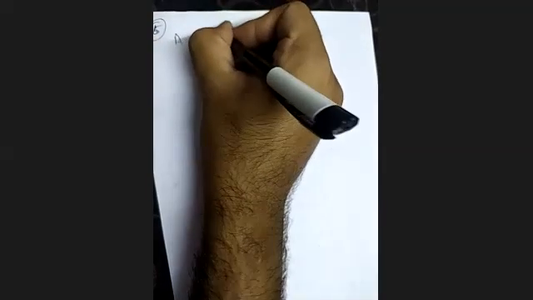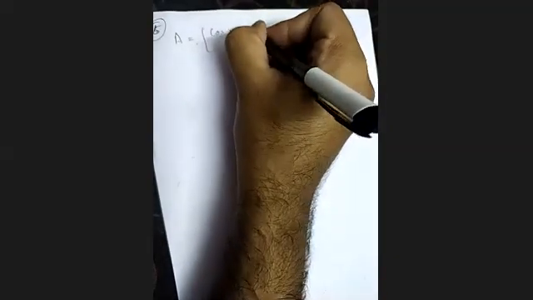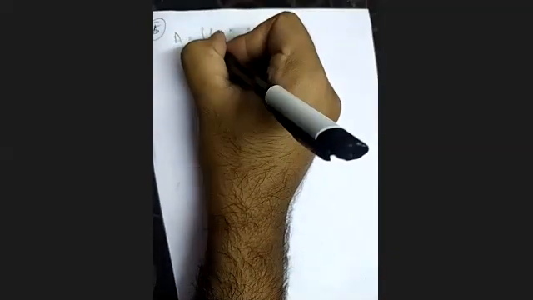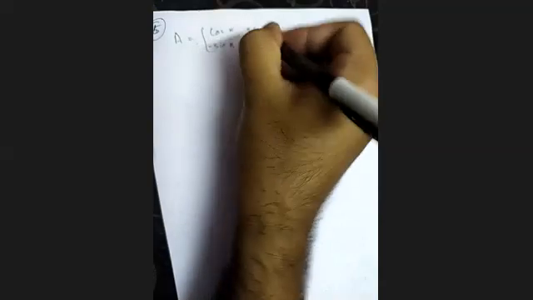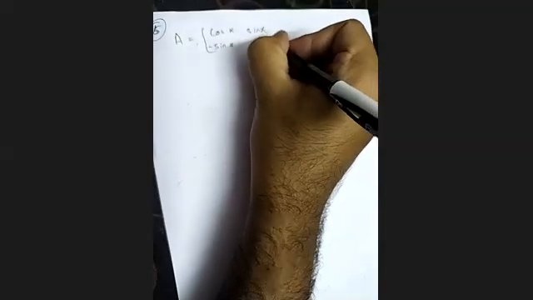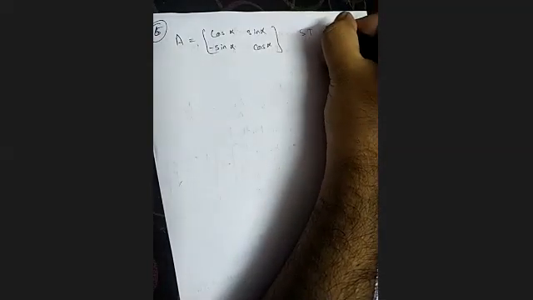A is equal to [cos alpha, sin alpha; minus sin alpha, cos alpha]. We have to show that A A transpose is equal to A transpose A. Okay. What are we to show?